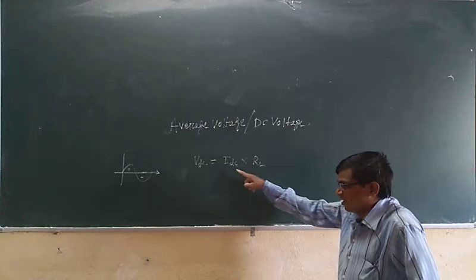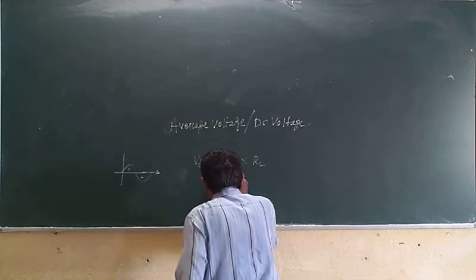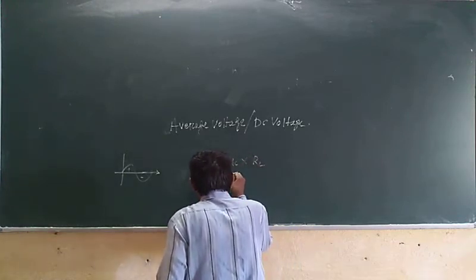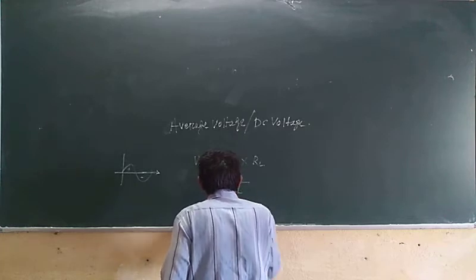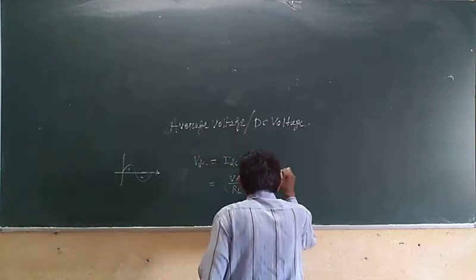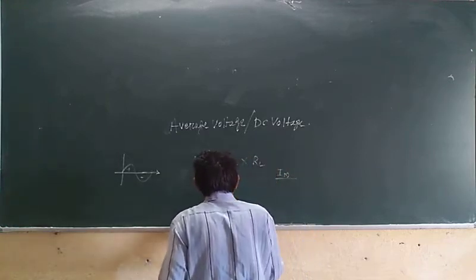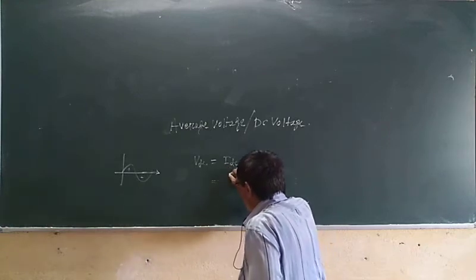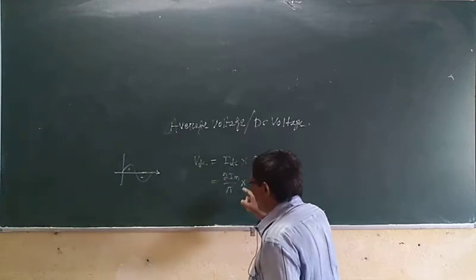IDC means the output current, that is Im by pi, 2Im by pi into RL, that is the VDC.